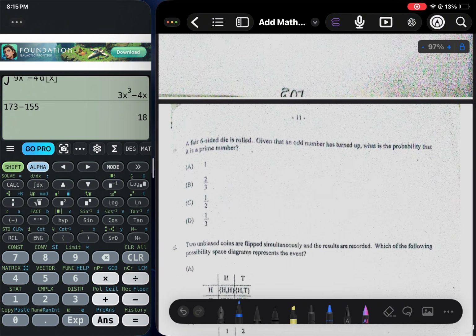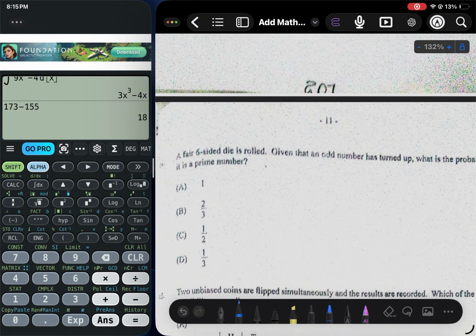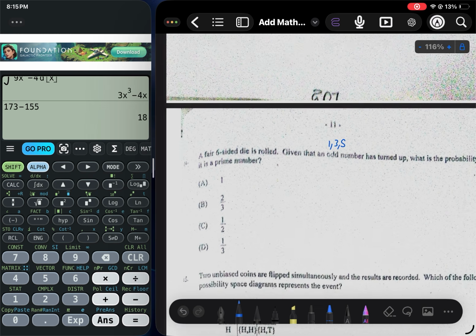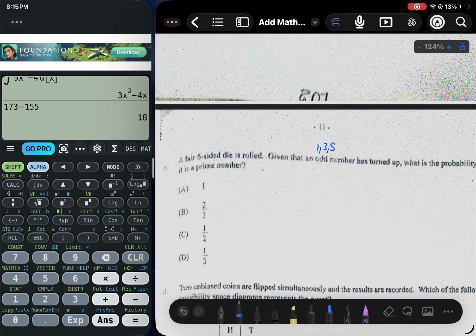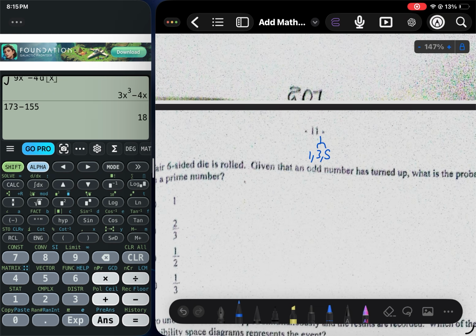A fair six-sided die is rolled. Given that an odd number has turned up, what is the probability that it is prime? You know that odd numbers are any numbers that are not divisible by 2. So out of the six-sided die, we'd have 1, 3, and 5. And we're looking for the prime numbers out of these odd numbers. Prime numbers are natural numbers greater than 1 that have exactly 2 factors. So the prime numbers here would be 3 and 5.